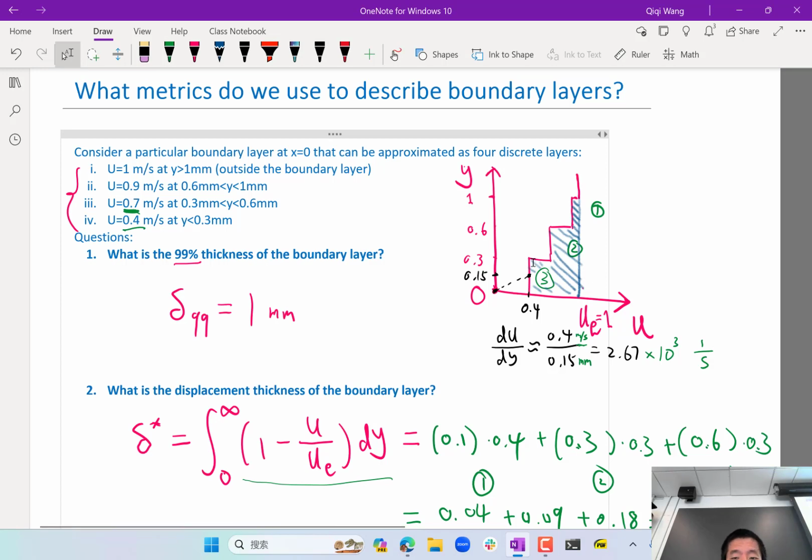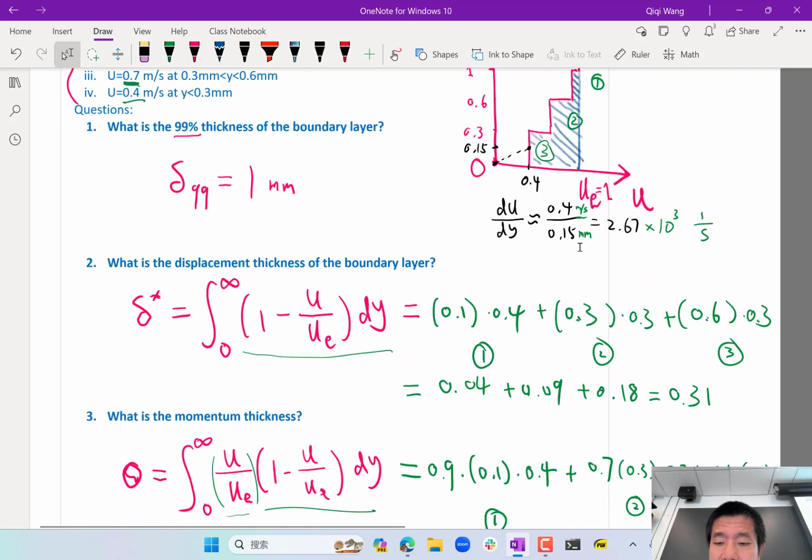So using the velocity close to the wall is not a good quantity for non-dimensionalization. Instead, it depends on the situation. We either use the free stream velocity or the velocity outside of the boundary layer as the non-dimensionalization coefficient for the skin friction coefficient. Okay.